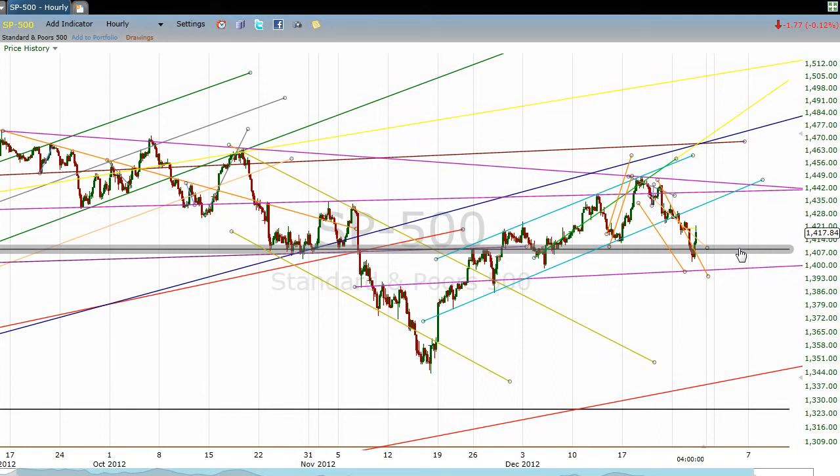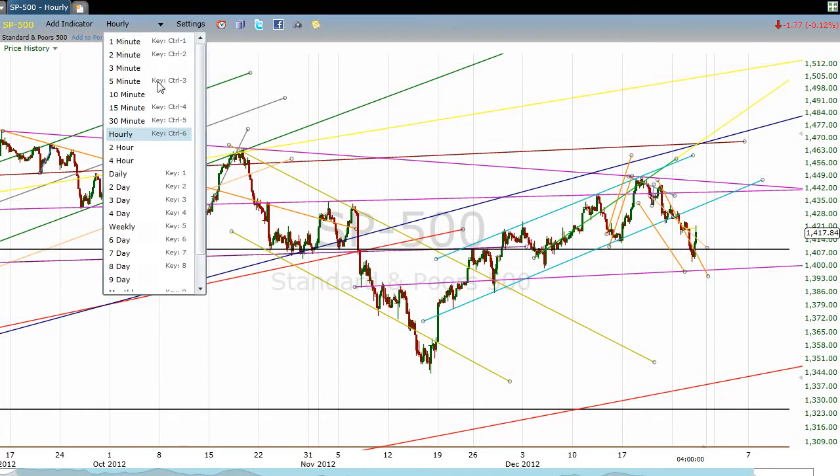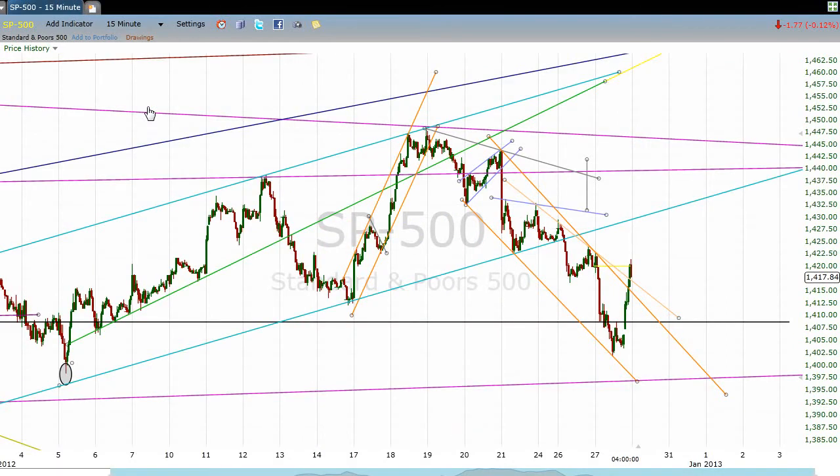So for now, I would call this black line here maybe a support level, roughly 1402, 1405, something like that. I don't have a real strong preference for it, to be honest with you. I don't see anything in here that really screams out why you should solidly expect support at any level. So I would say low 1400s.